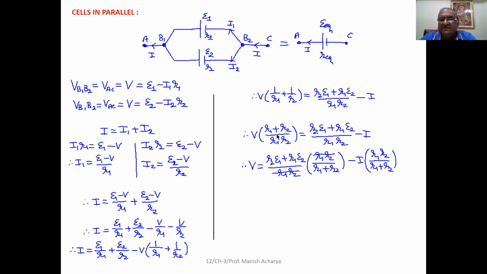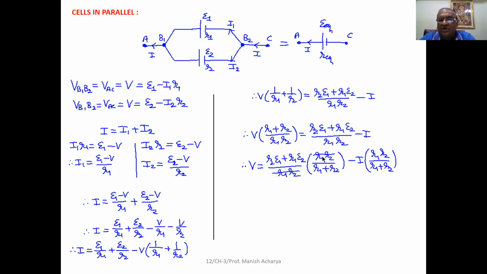Now take this bracketed term from left hand side to right hand side. So V equal to R2 E1 plus R1 E2 upon R1 R2 into R1 R2 upon R1 plus R2, minus I into R1 R2 upon R1 plus R2.